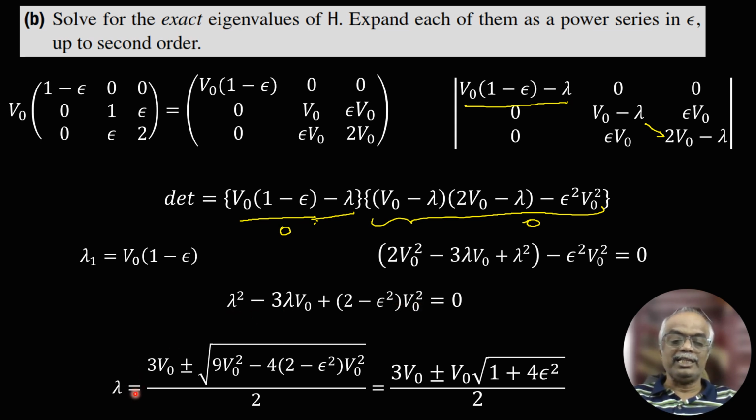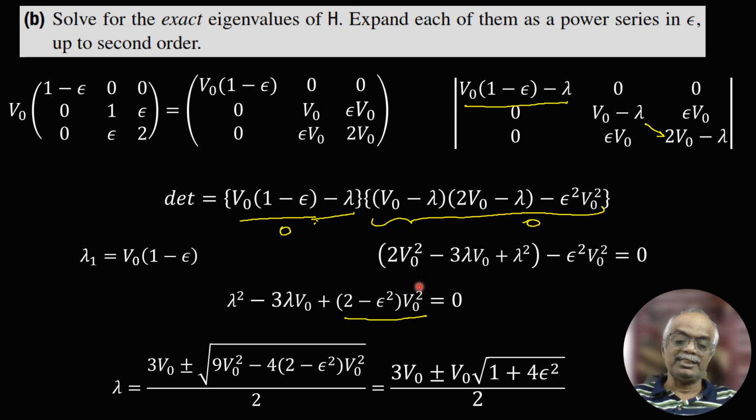Here this is quadratic with respect to lambda. So naturally lambda is minus b plus or minus the square root of b squared minus 4ac, over 2a. Here b is minus 3 V naught, so this becomes 3 V naught plus or minus the square root of 9 V naught squared minus 4ac, where a is 1 and c is 2 minus epsilon squared times V naught squared.